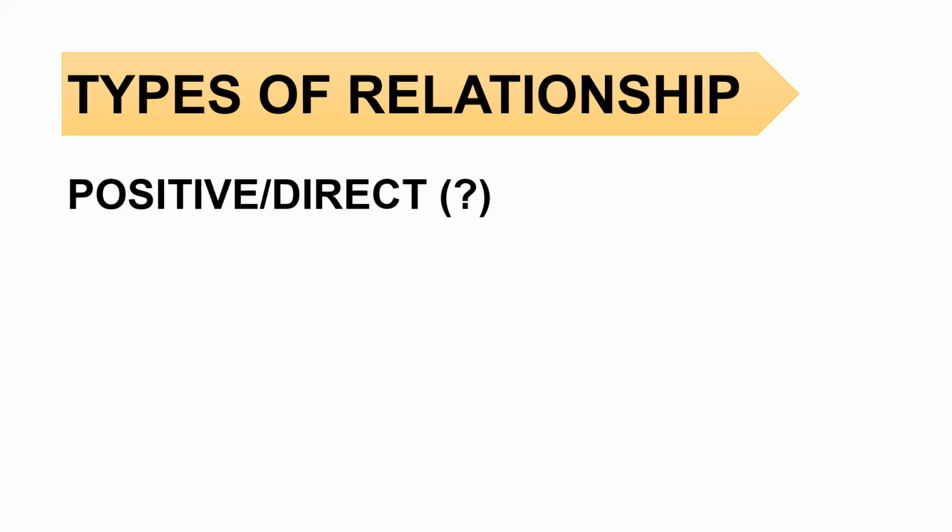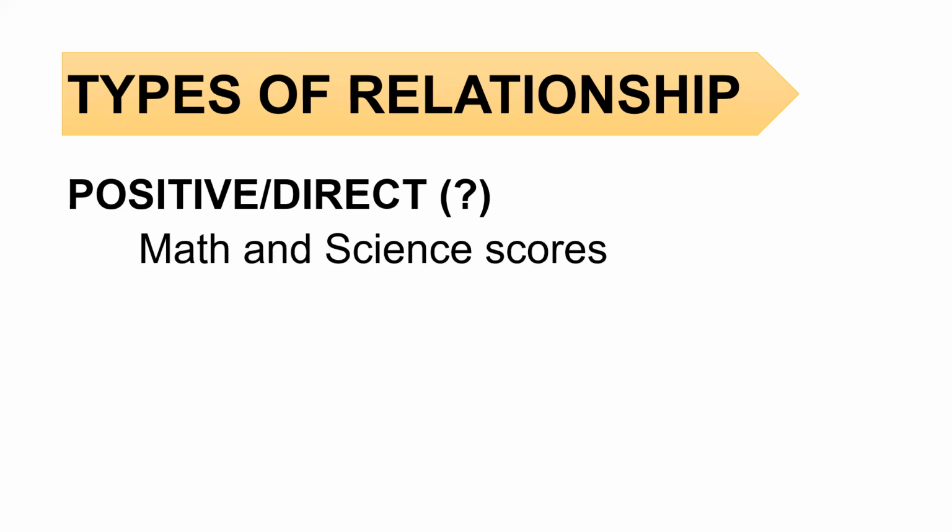Okay. Now, for example, again, that's why there's a question mark there, because I'm not sure. But there are some studies that state that math and science scores are positively or directly related. Do you agree with this?